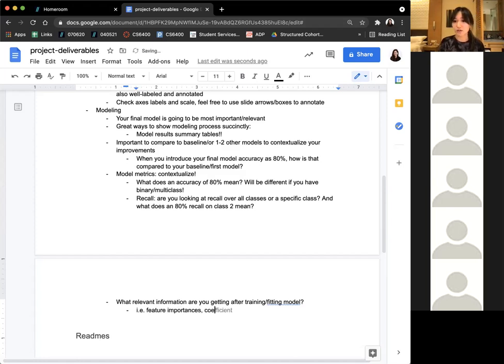Maybe you have coefficients for regression. For recommendation systems, maybe you want to compare your predicted ratings to your actual ratings, so you're looking at residuals. And this information would feed into post-modeling EDA and then into your conclusions.